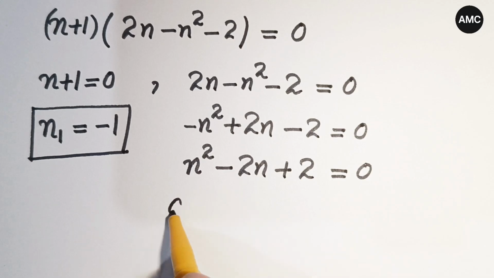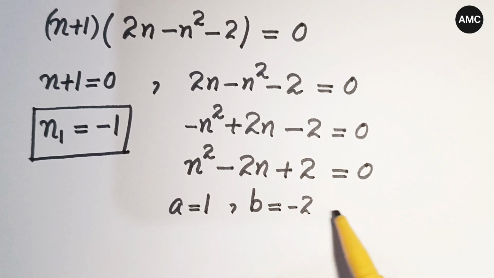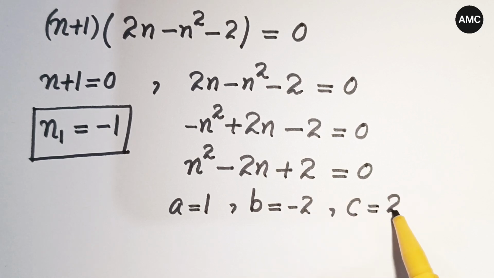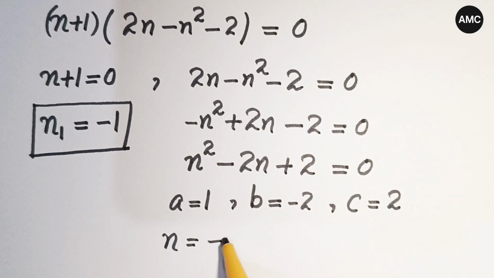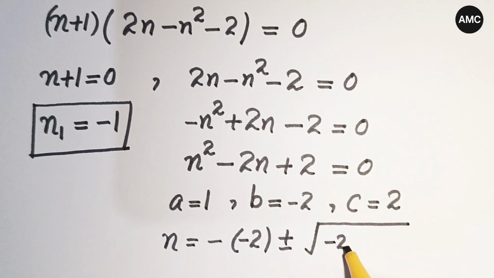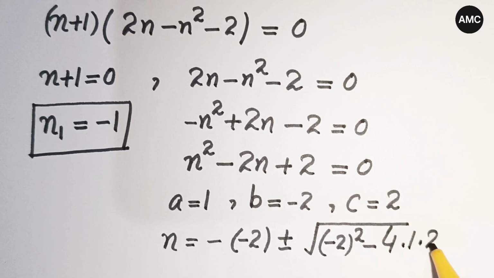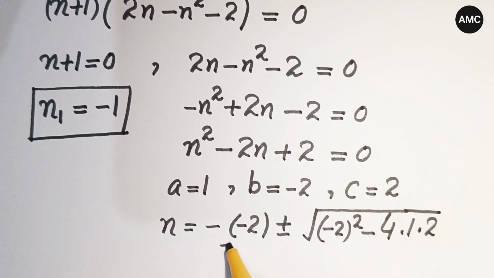Now here the value of a is equal to 1, b is equal to minus 2, and c is equal to 2. Now if we use the quadratic formula, then n is equal to minus b, so minus b here is minus of minus 2, plus minus the square root of b squared, b squared is minus 2 whole squared, minus 4 times a is 1, c is 2, and all over 2 times a. So 2 times a is 2.